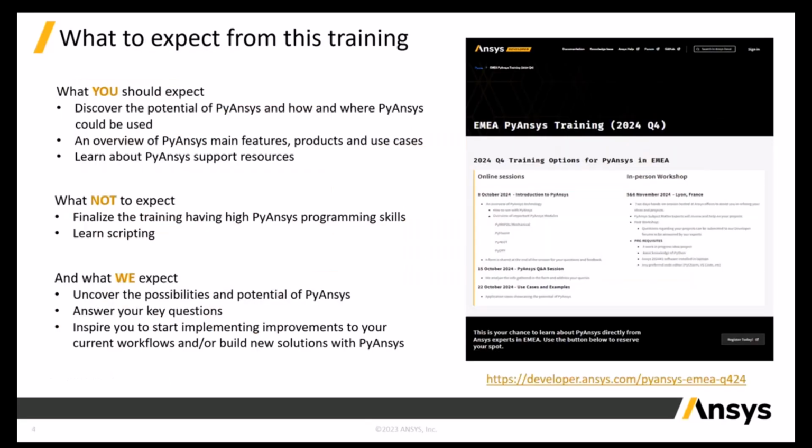So what to expect from this training? First, I guess many of you have seen this landing page, otherwise you've seen the same info in some email. This training is divided into 2 blocks, the first being 3 online sessions. Today is the first one, the introduction, of three 90-minute online sessions.